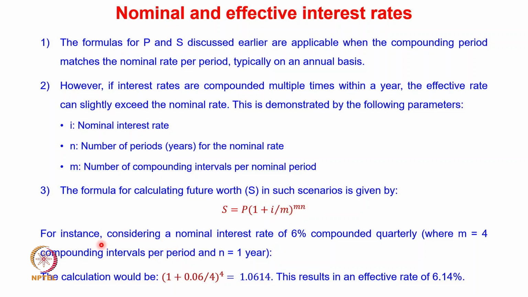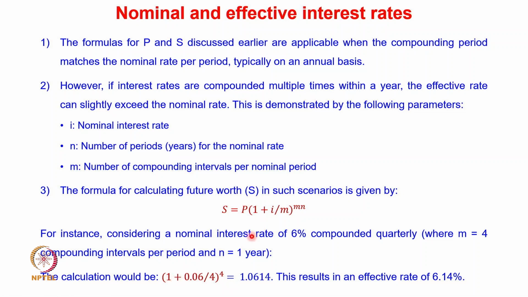Take an example here. Let's say the nominal interest rate is 6%, and the interest is compounded 4 times within a year, with n equal to 1 year. We can calculate the interest rate here.